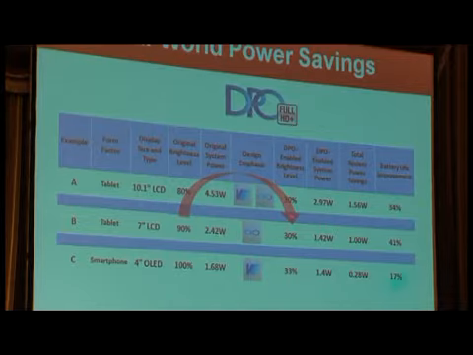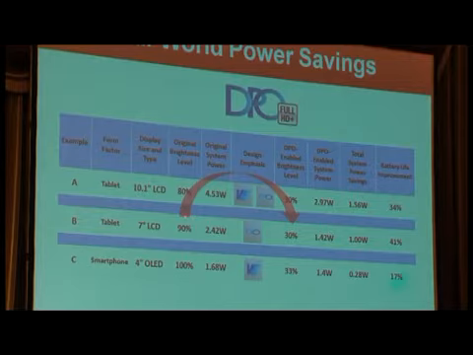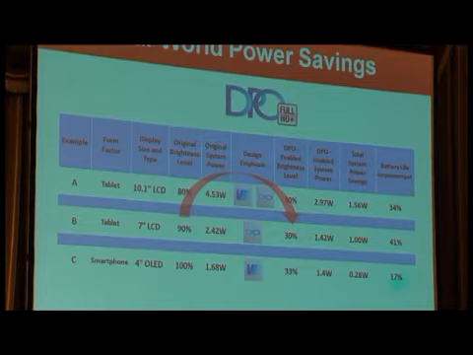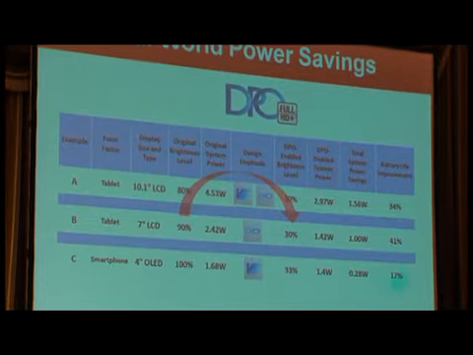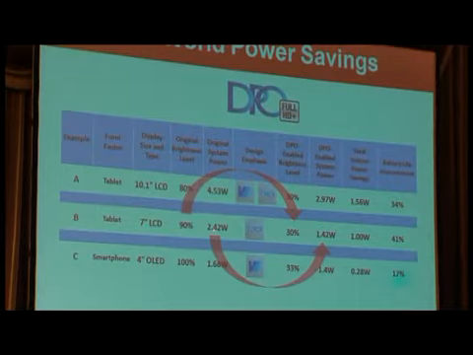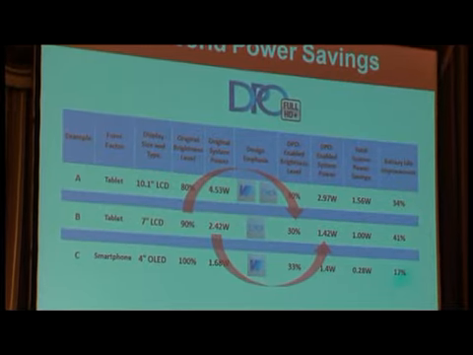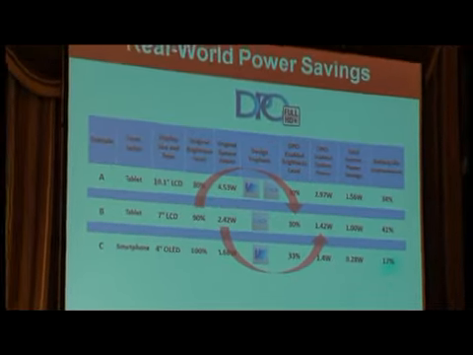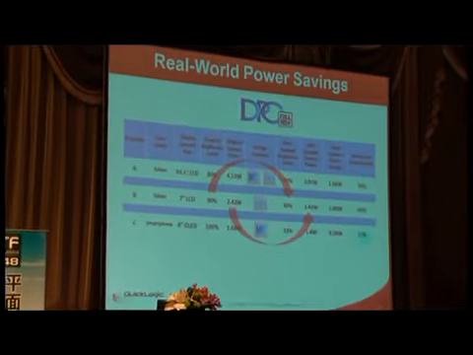Now, because of our V and DPO technology, we were able to reduce the brightness from 90% to 30% without negatively affecting the viewing experience, meaning even though the brightness level was reduced by 60%, the viewing experience was still better. Now what that translates to is the system power goes from 2.42 watts to 1.42 watts.